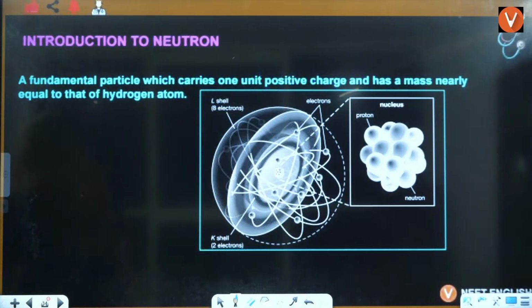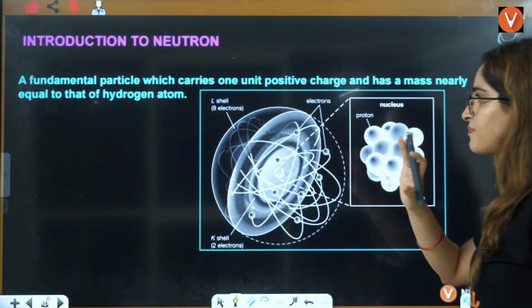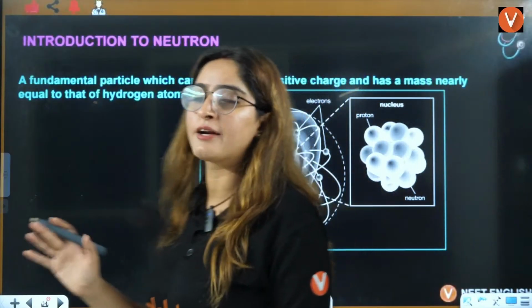Okay. Now for neutron, we are not going to do a very big thing here, right? For neutron, it's like you will be like, hey, something different. See, most simple because not that much is in your detail.